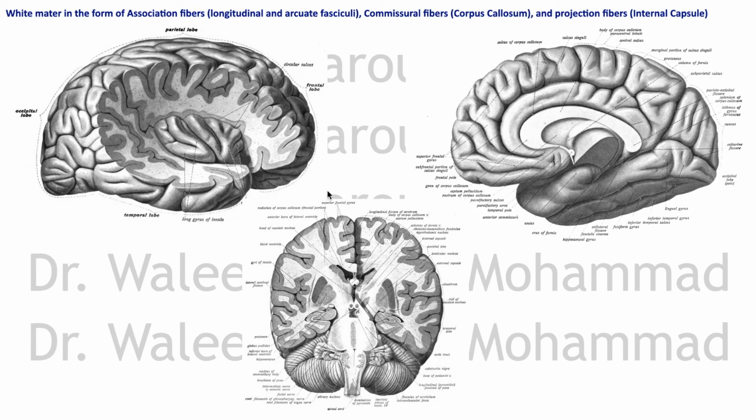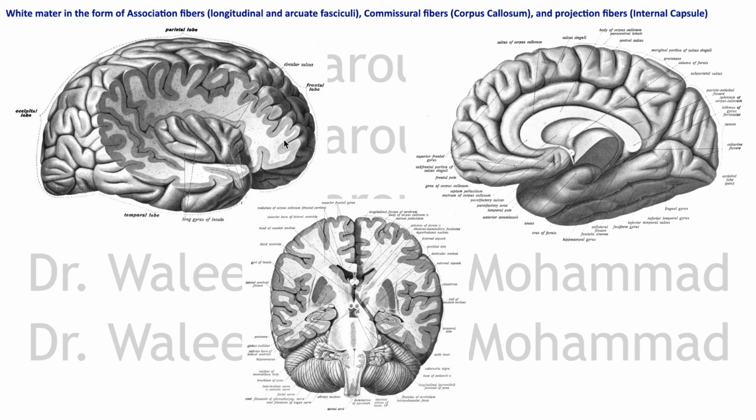Now, we talked about the gray matter and how it's distributed. The white matter now. The white matter takes three forms. Association fibers, commissural fibers, or projection fibers. Association fibers connect parts of the same hemisphere, like two adjacent gyri, for example, by short arcuate fibers, see?